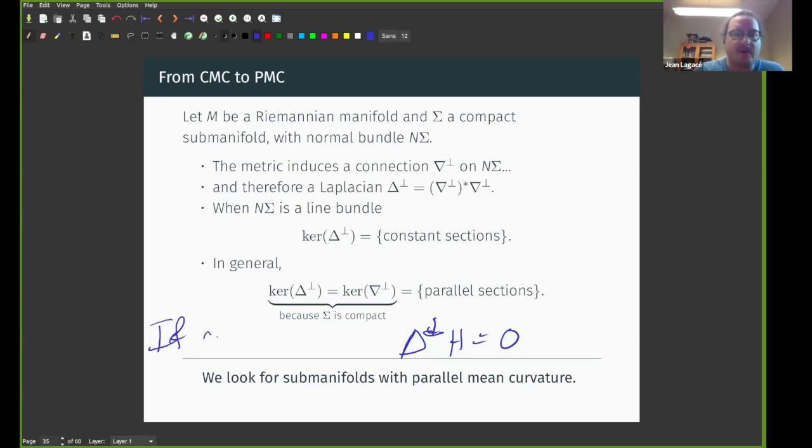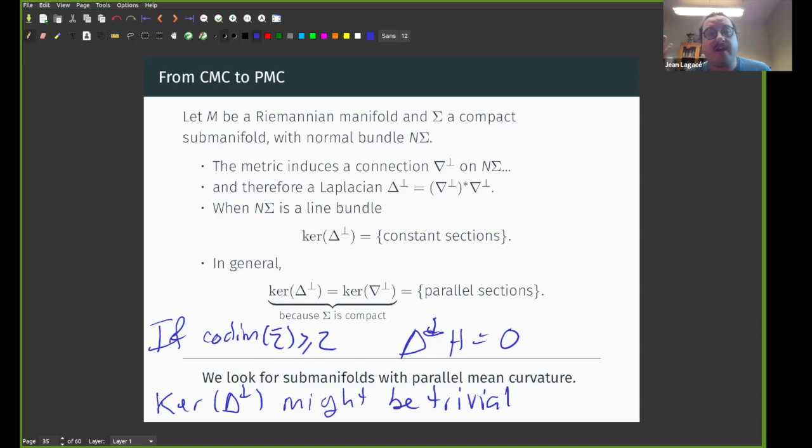the codimension of sigma is greater or equal than 2, the kernel of this normal Laplacian might be trivial.